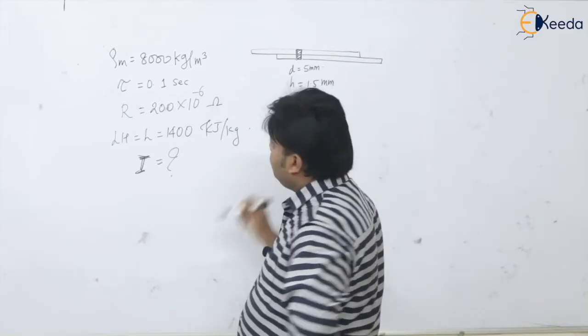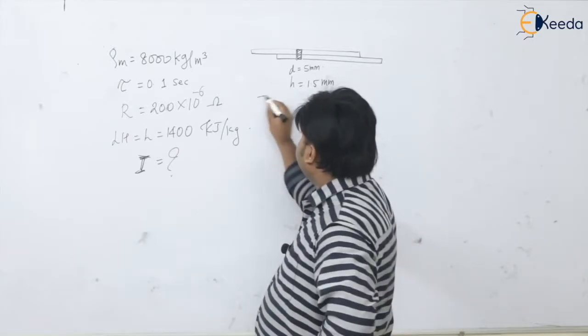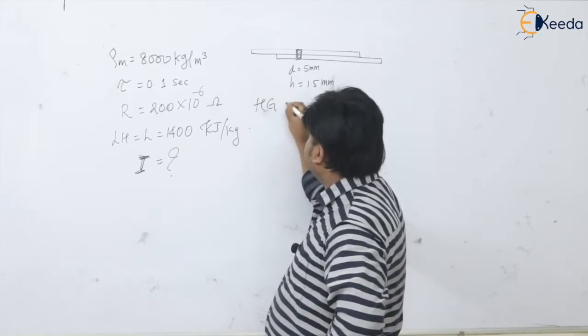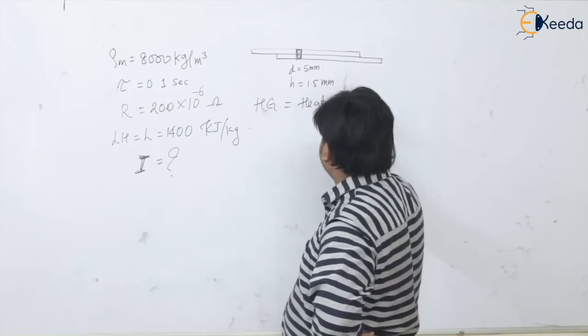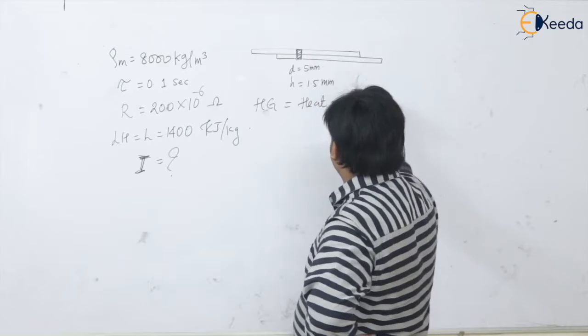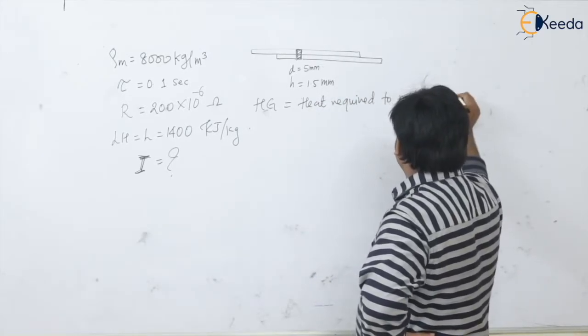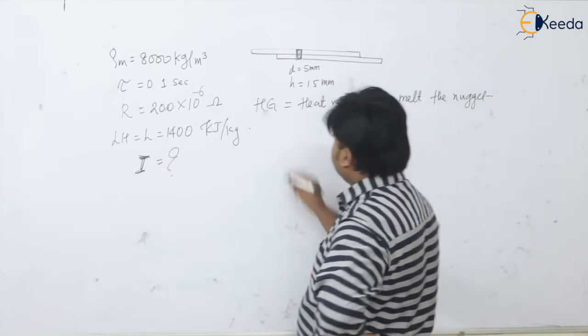Okay, so in this spot welding or resistance welding, the heat generated here is equal to the heat required to melt the nugget, to melt the spot or nugget, isn't it? So what is heat required?